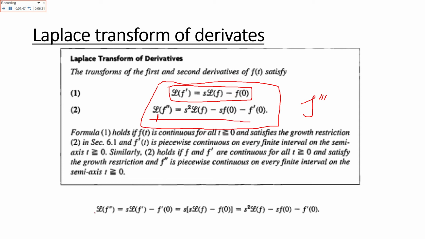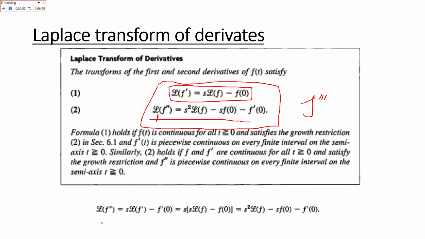That is basically Laplace of second derivative, which is equal to s, as in this, Laplace of f dash, because we are taking the second derivative. So Laplace of first derivative minus f dash of 0, as it was here.